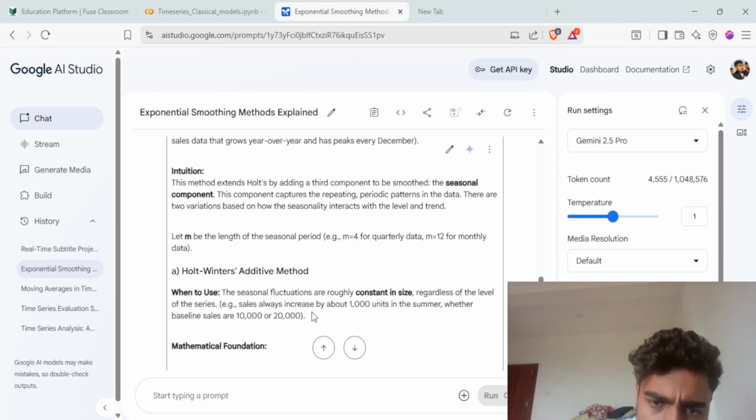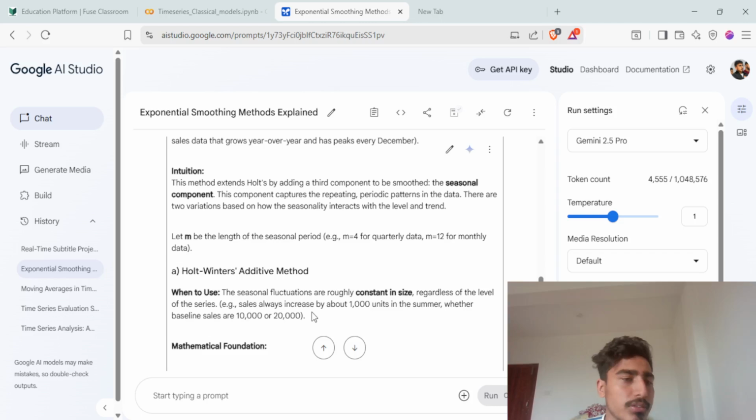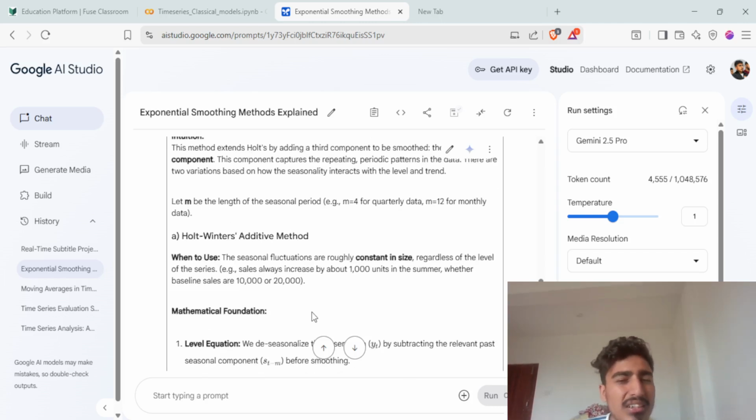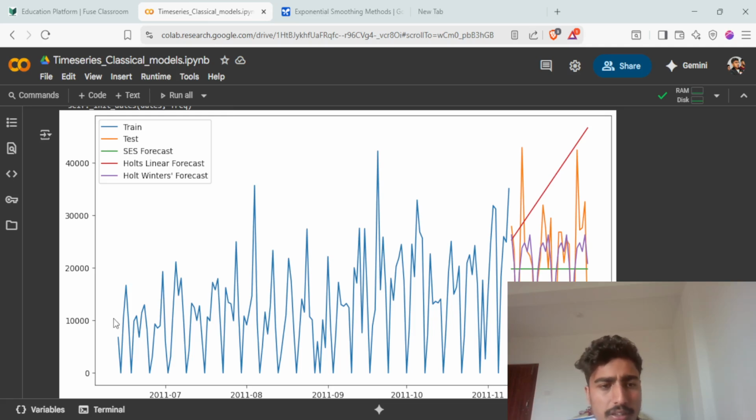Regardless of the level of the series, an example is also given. Sales always increase by 100,000. That's what I told you, like 1 as an amplitude. This 100,000 unit is also an amplitude from the baseline, where baseline sales are 10,000 or 20,000. I'll show you here. This is the baseline, and the baseline sales is around 9,000 or 8,000.